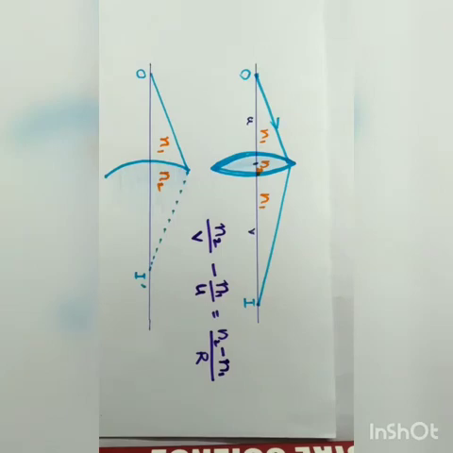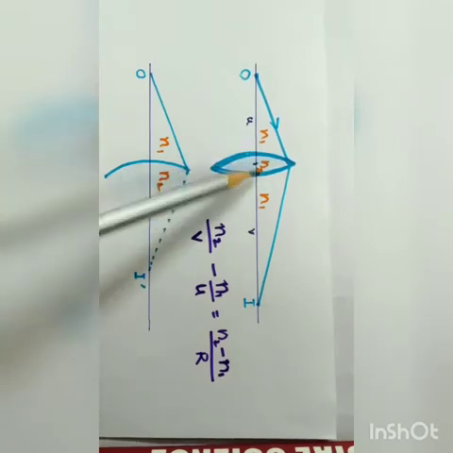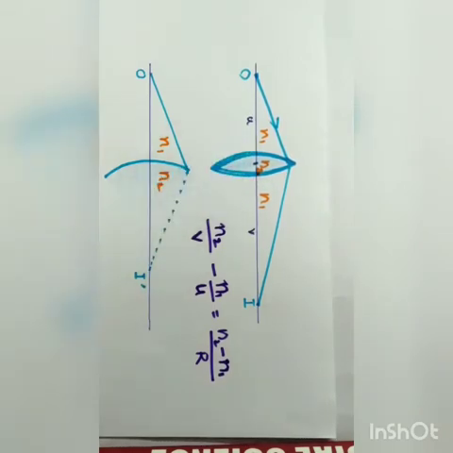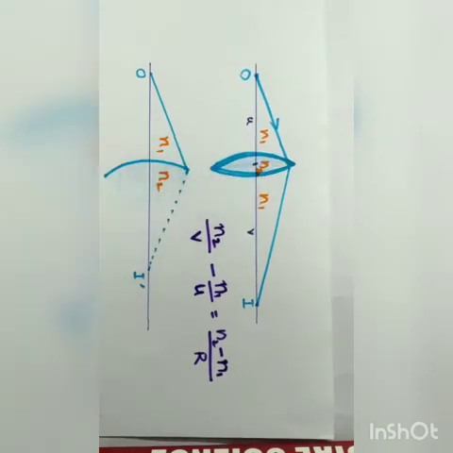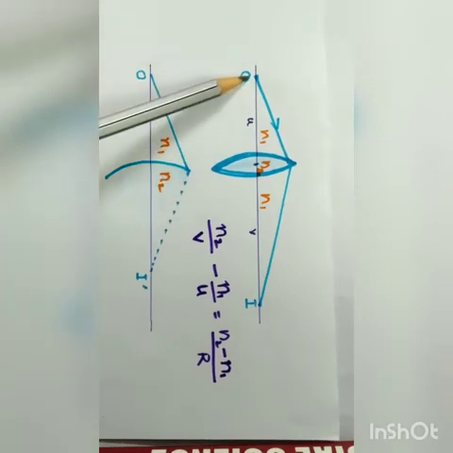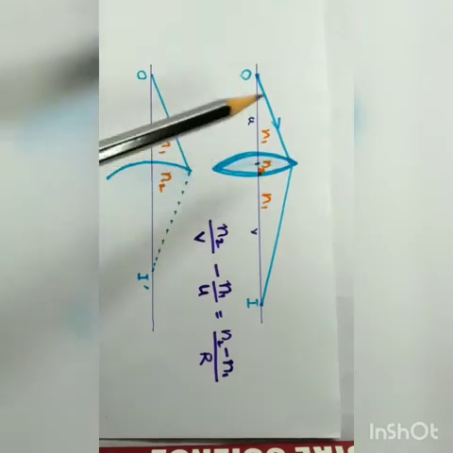Now to derive the lens maker's formula, we consider this lens made of two surfaces, and we split this into two cases. Actually, we know that when an object is placed in front of a lens, light rays pass through it like this.